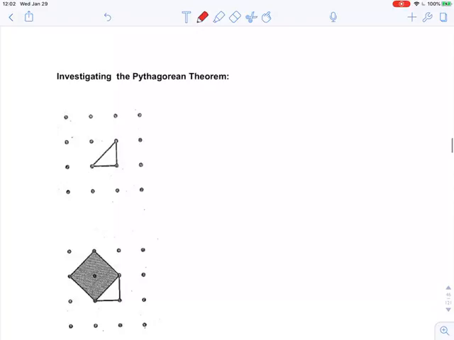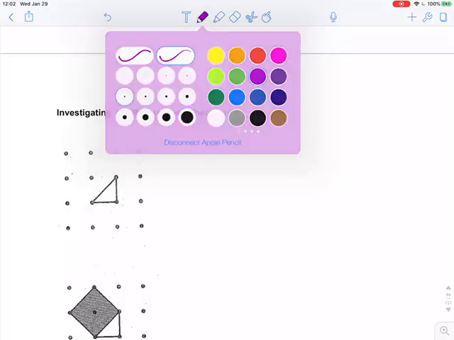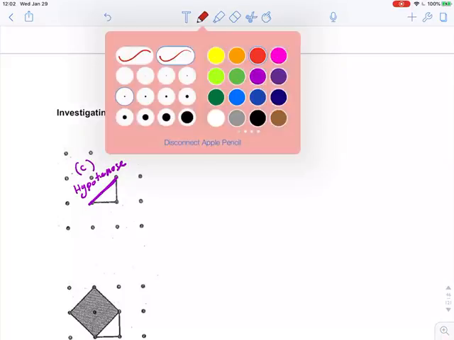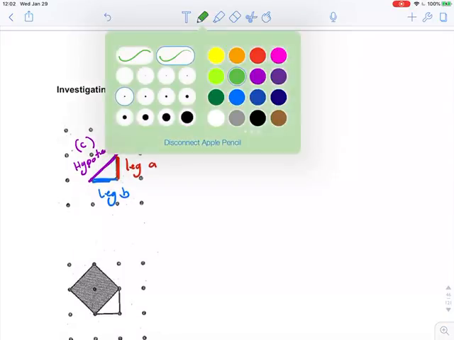Now, it says investigating the Pythagorean theorem. So talking about side lengths, we know the names of these parts now. This is called the hypotenuse, and for a lot of you, this is side length C. These are our legs. Usually the shorter leg will be named A, so I'll call this leg A and this side here leg B. This is our right angle right here.